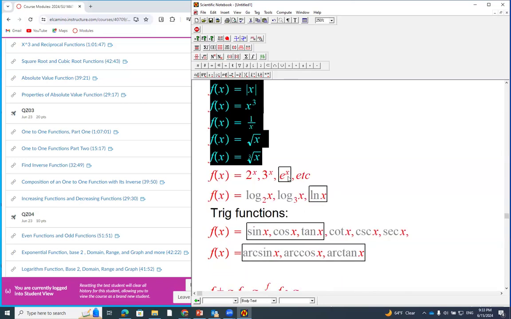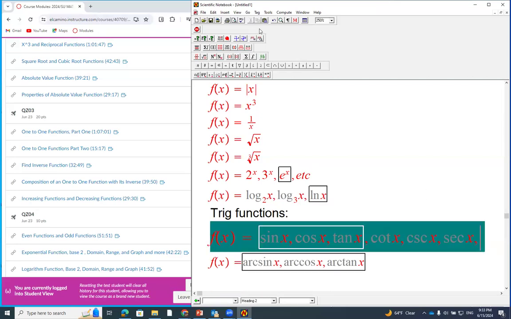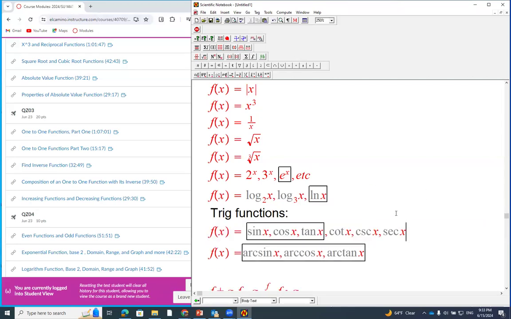And you also know e to the power x, ln x, sine, cosine, tangent, arcsine, arccosine, arctangent. Occasionally, you may need to use these functions as well. Okay, and you will be ready to go.